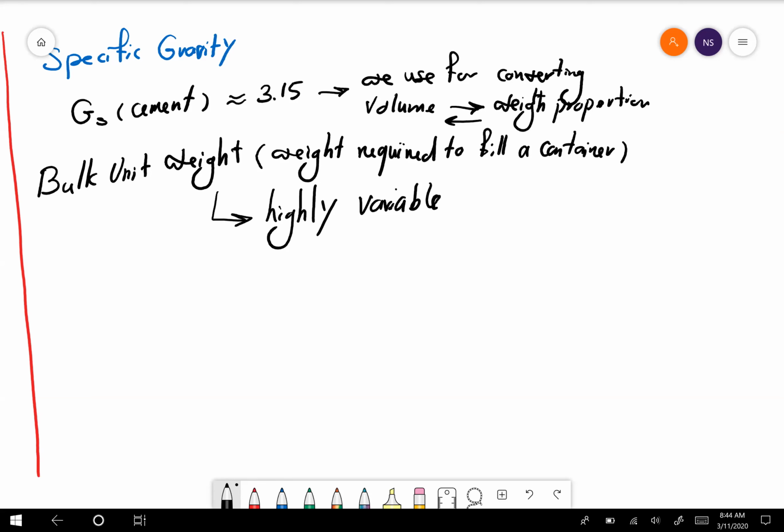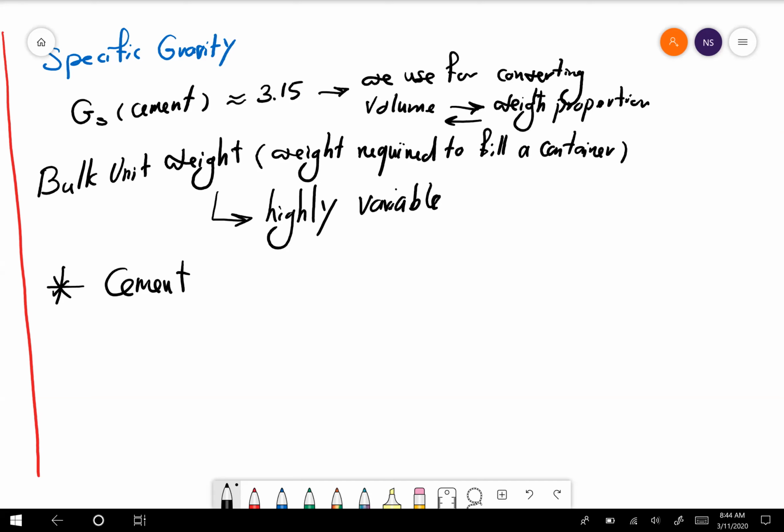And another important thing when you're designing the concrete mix proportions: let's say you are the engineer in charge of a concrete mix design for the city or for a state DOT, let's say Caltrans, and you want to give the contractor or the concrete plant the mix proportioning, you always show the cement in terms of weight.